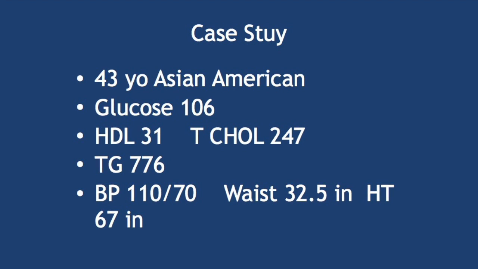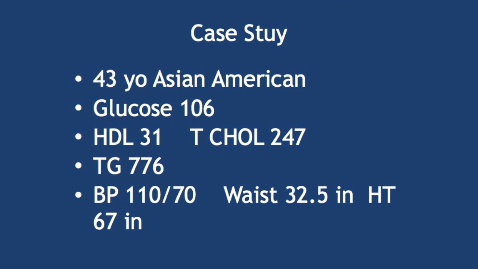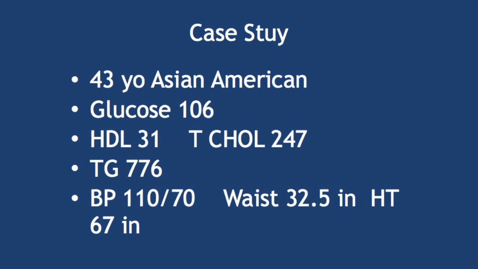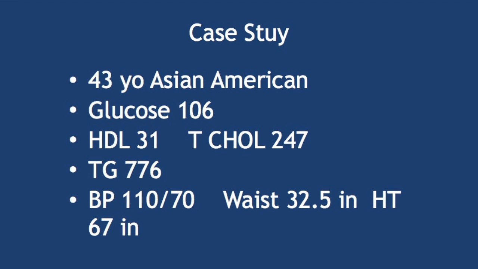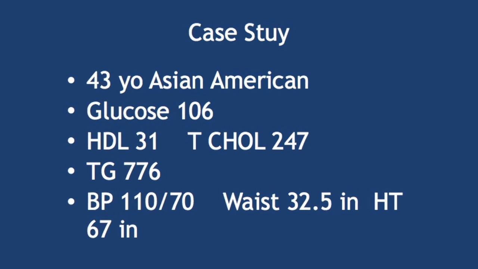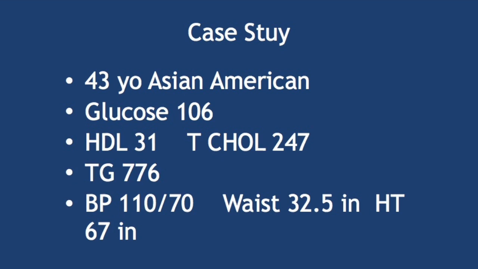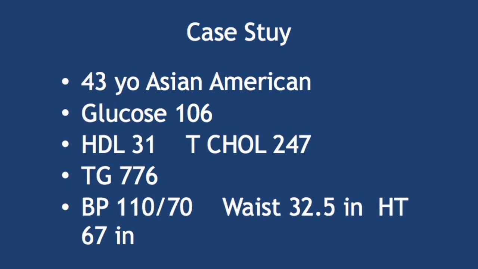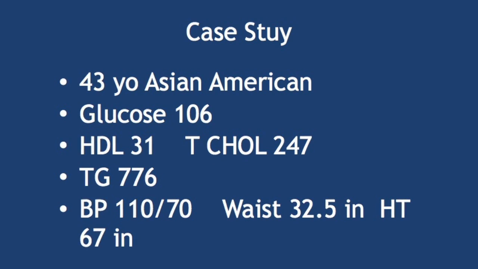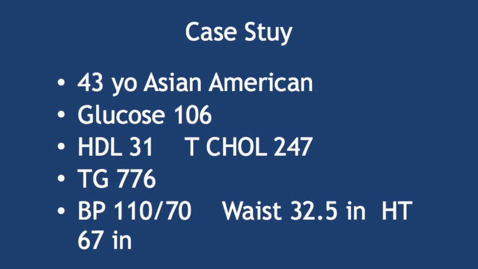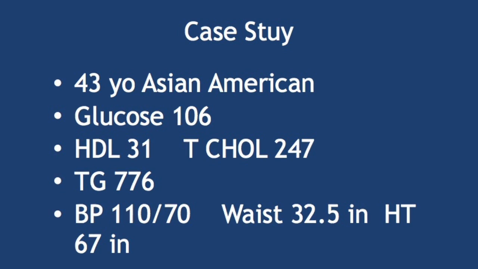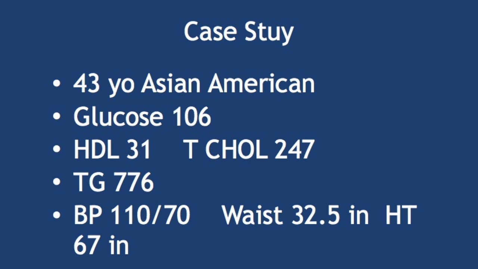This is a 43-year-old Asian American physician in 1997 who had fasting glucose 106, HDL 31, total cholesterol 247, triglyceride 776. Blood pressure was normal at 110/70. Waist size 32.5 inches, and the height was 67 inches.